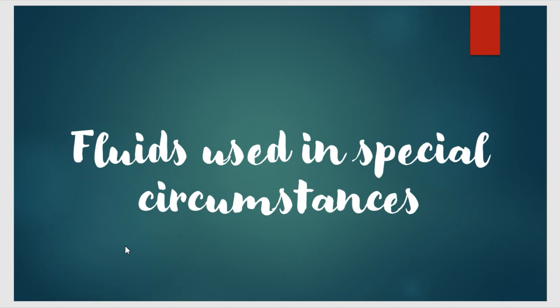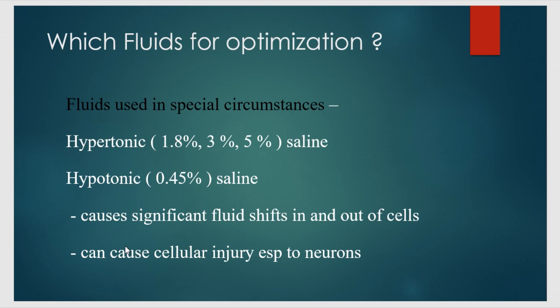There are some special circumstances where some fluids are indicated, and what are those fluids? We have hypertonic saline with a concentration of 1.8%, 3% and 5%, and at the same time we have hypotonic saline, that is 0.45%.